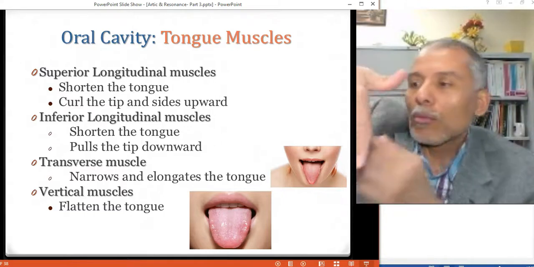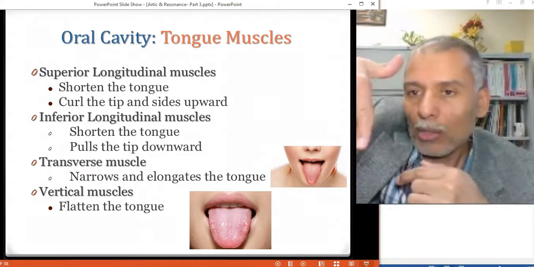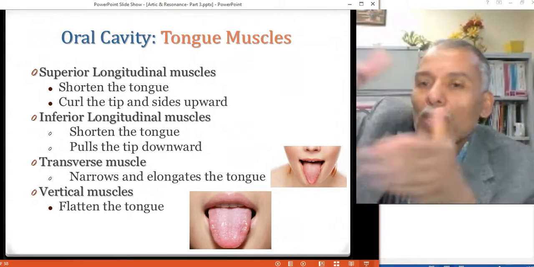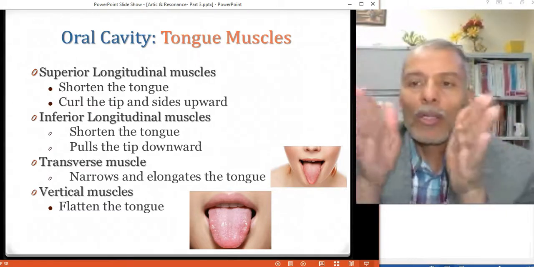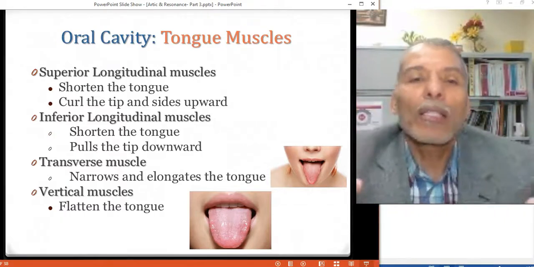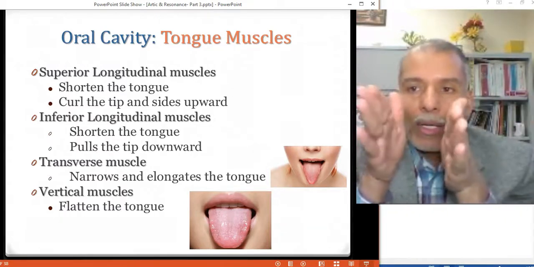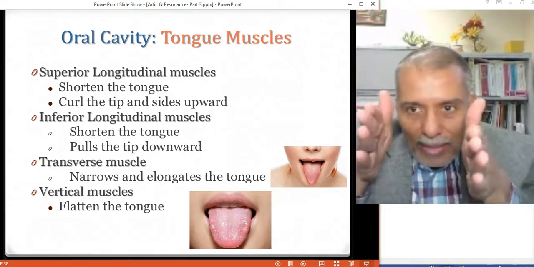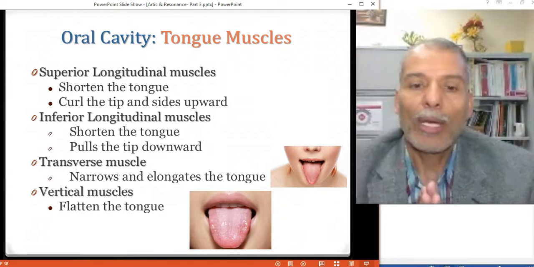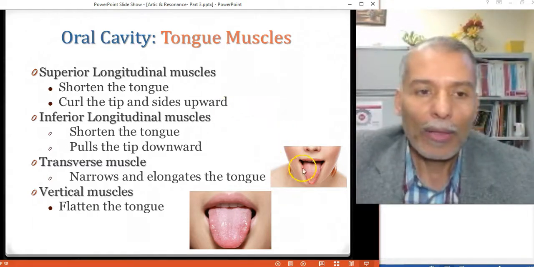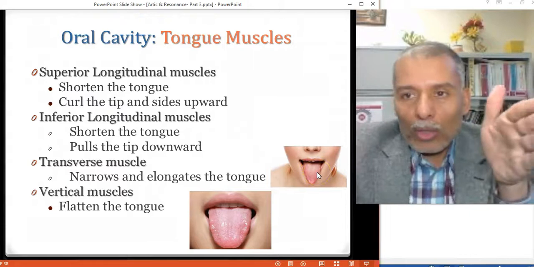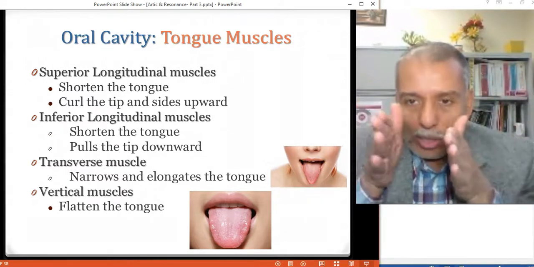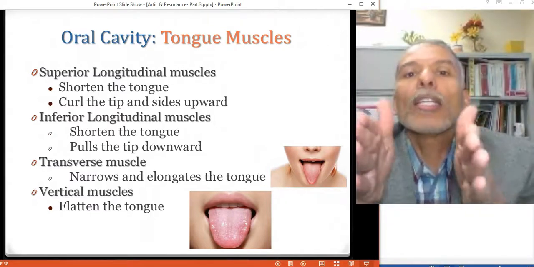So when this transverse tongue muscle contracts, it's going to narrow the tongue. So when you narrow the tongue, where does the tissue go? The tissue is going to spread downward, and then it's going to spread forward. And by doing so, the transverse muscle, when it contracts, is going to narrow and elongate the tongue.